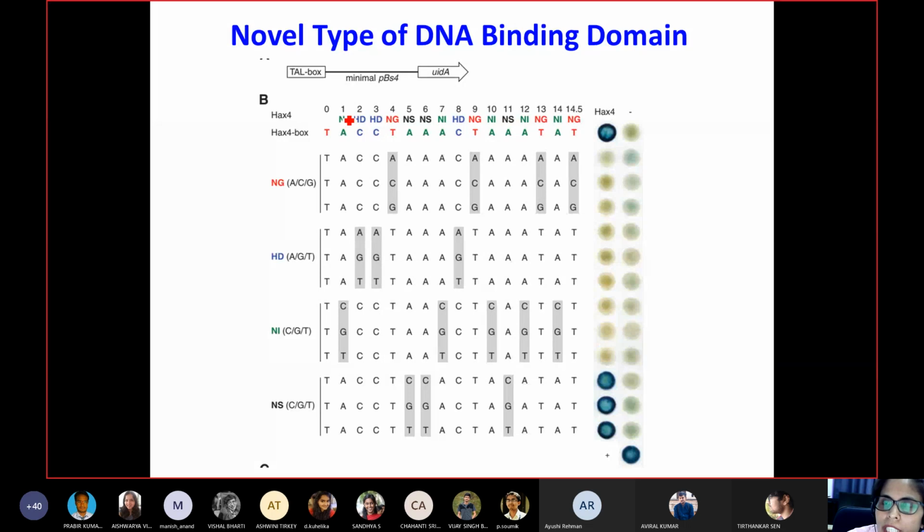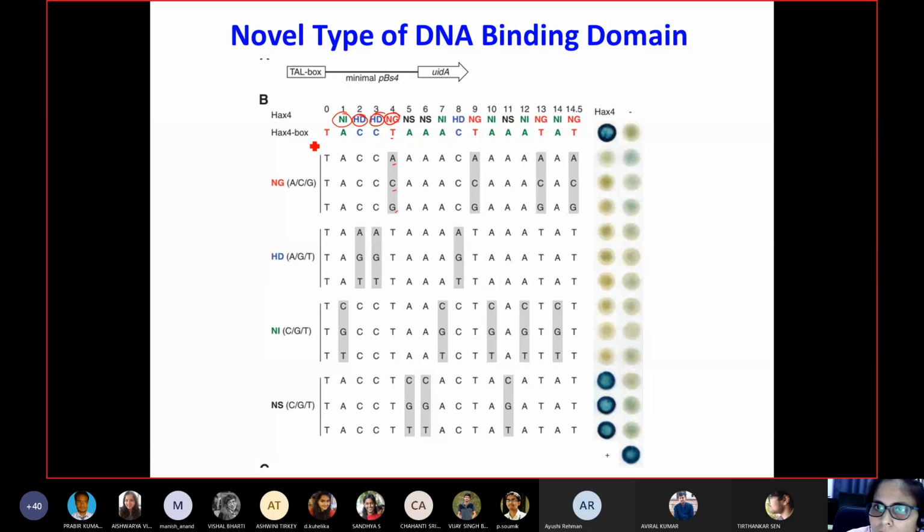To know whether NG only binds to T or can also bind to A, C, or G at this position, they wanted to create mutations. If they replaced the T in the hex4 box with A, or with C or G, it did not give any reporter gene activation in this case.